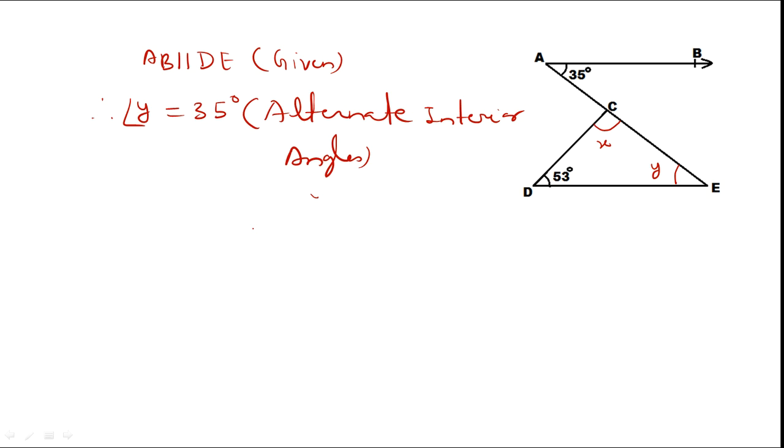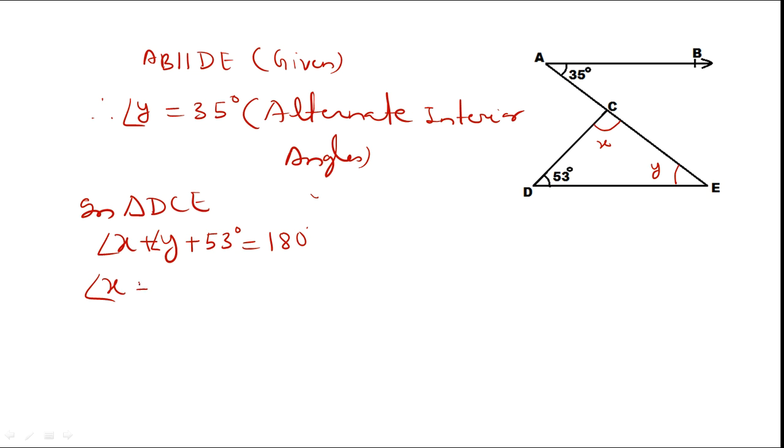Now in triangle DCE, the sum of all the angles of a triangle is 180 degrees. So I will write X plus Y plus 53 degrees is equal to 180 degrees. We know the value of Y, that is 35 degrees, plus 53 degrees, that sum is 88 degrees.